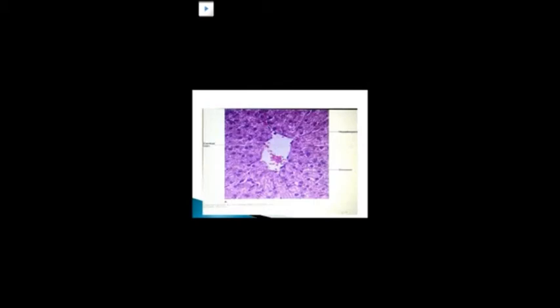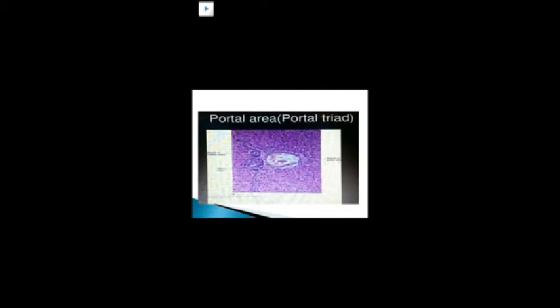How these central veins, the double cords of hepatocytes separated by the sinusoids. The portal area, that is the portal triad, is contributed by the hepatic arteries, the ducts, the portal veins. So, histology of the liver.